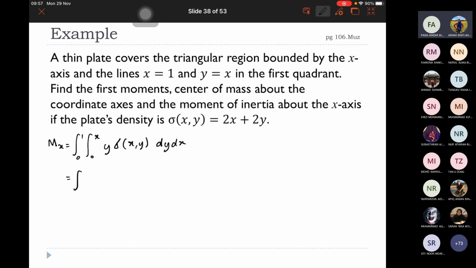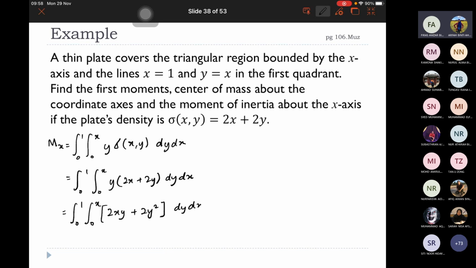It will be equal to integration 0 sampai 1, 0 sampai x, y darab 2x tambah 2y, dy dx. By which it will be equal to integration 0 sampai 1, 0 sampai x, 2xy tambah 2y kuasa 2, dy dx.